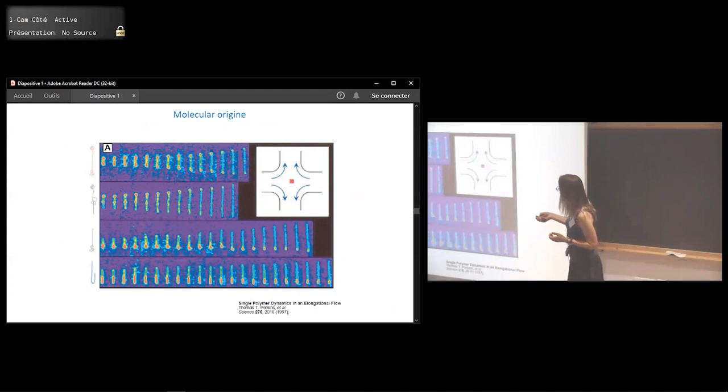What you can see here again is DNA molecules, fluorescently labeled, so a very flexible polymer that, if you don't pull on it, is in a spherical shape. And what they did is they used a microfluidic device and put the DNA molecule at the stagnation point, and tried to hold it there as long as possible to see the dynamics.